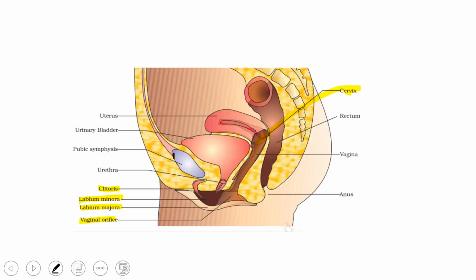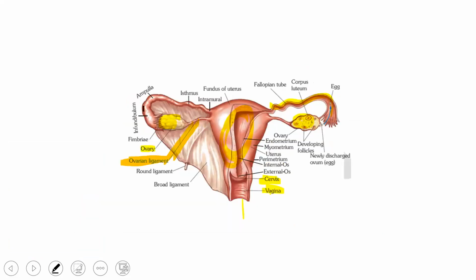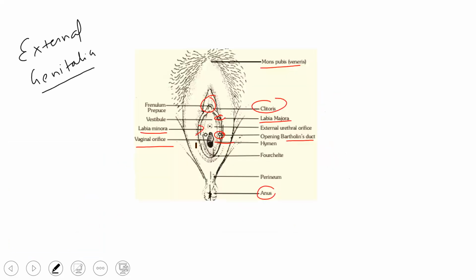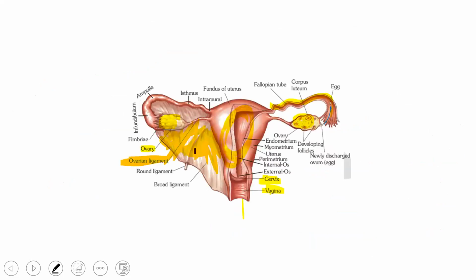If you see the side pelvic wall, the ovaries will be attached there. This attachment to the body wall is the ligament. This entire highlighted part is attached to the ligament. It is also attached to the uterus. Over here is the uterus.